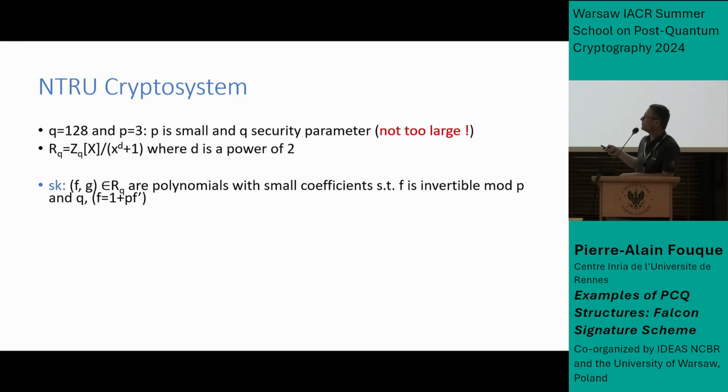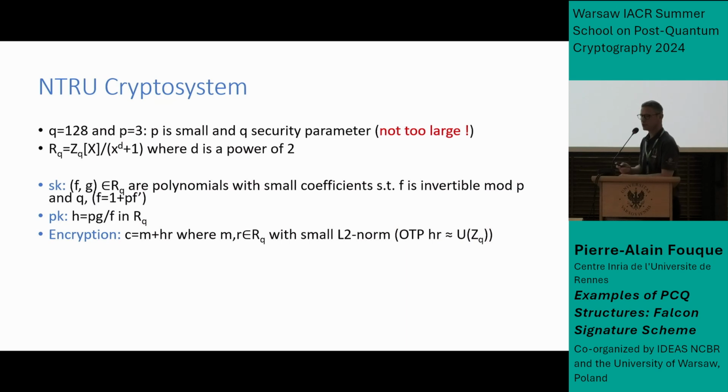And so you have +1 plus a multiple of p, and f prime is a short polynomial. And the public key is just the quotient, but now I multiply each coefficient by the small prime p. Okay, by 3, for instance.